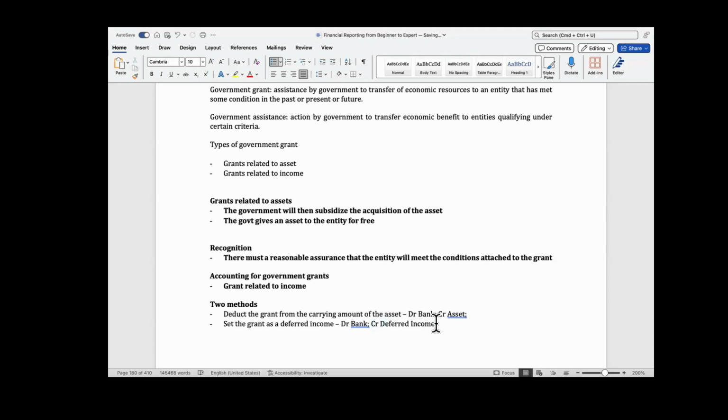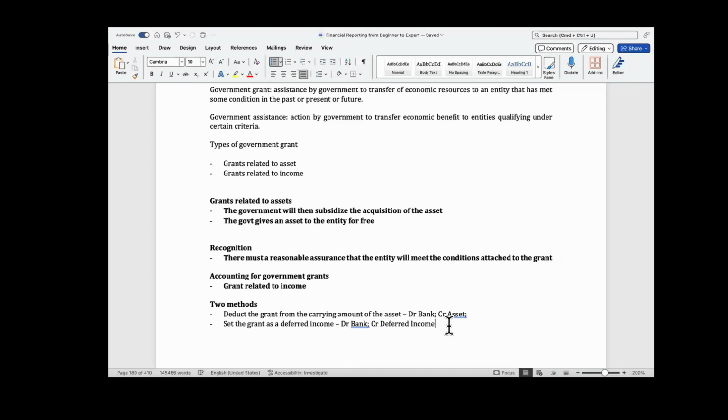So these grants would then be recognized in P&L over the useful life of the asset. So if the useful life of the asset is 5 years and the government gave you a grant of 5,000 naira, by the time you debit bank with 5,000 and credit deferred income with 5,000, at the end of every year you will systematically spread that 5,000 over 5 years.